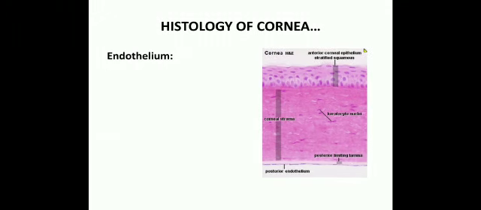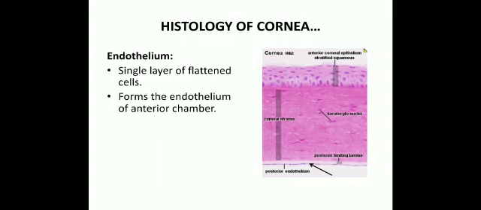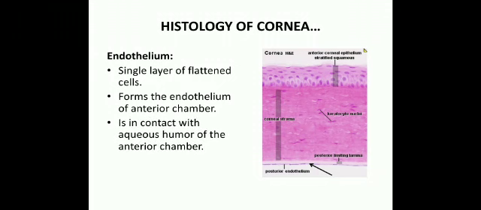Then another layer is the endothelium. The posterior surface of the cornea is lined by a single layer of flattened cells that constitute the endothelium of the anterior chamber. This layer is in contact with the aqueous humor of the anterior chamber.